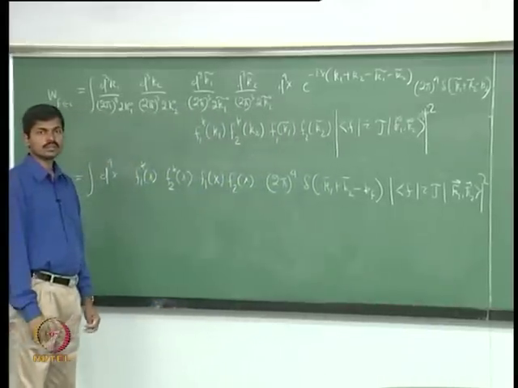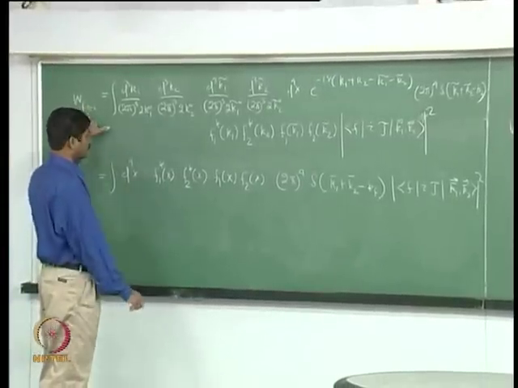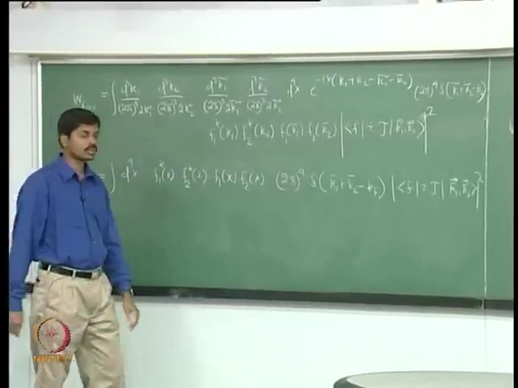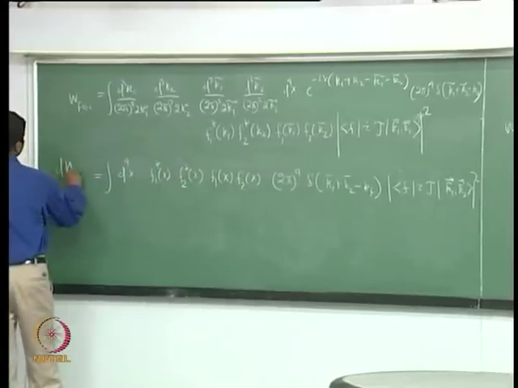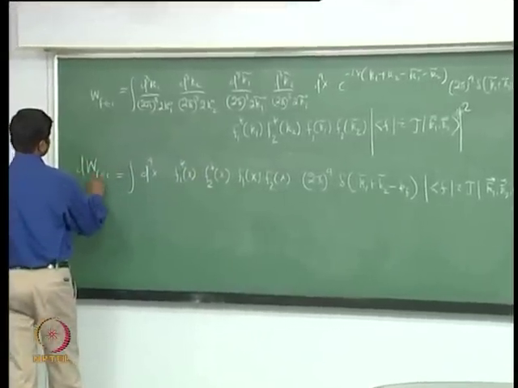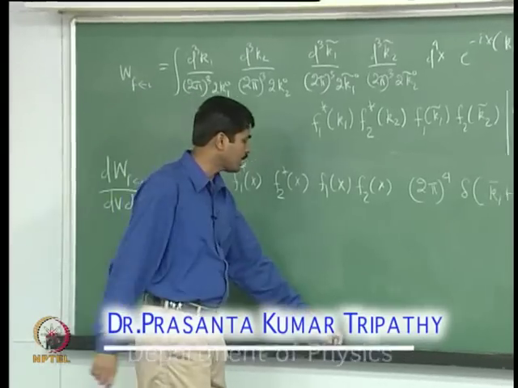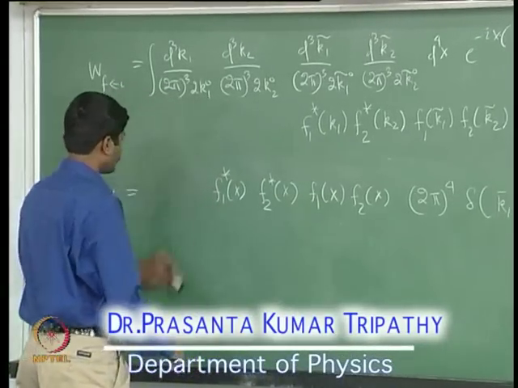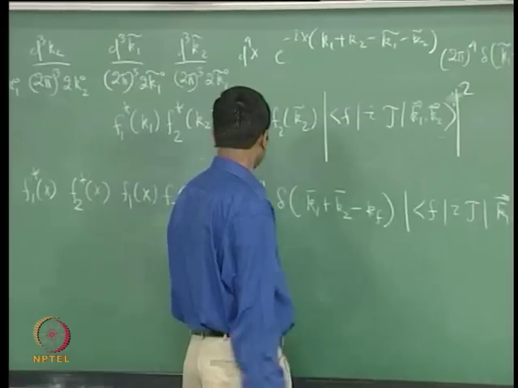Okay. So therefore the transition probability per unit volume per unit time, which I will denote as dW_Fi over dV dt, will be given by simply this expression without this integration over d^4x.